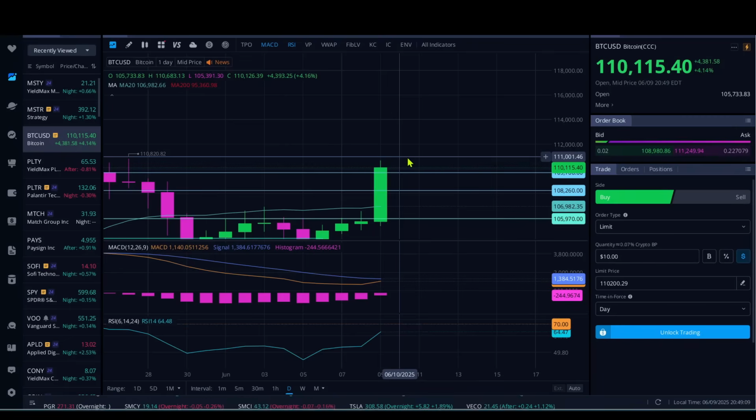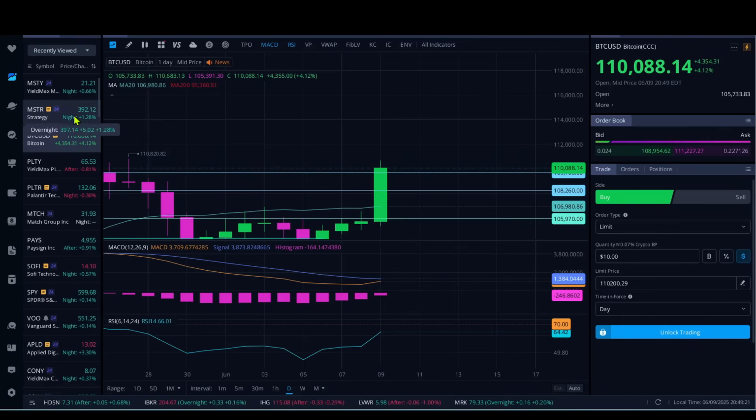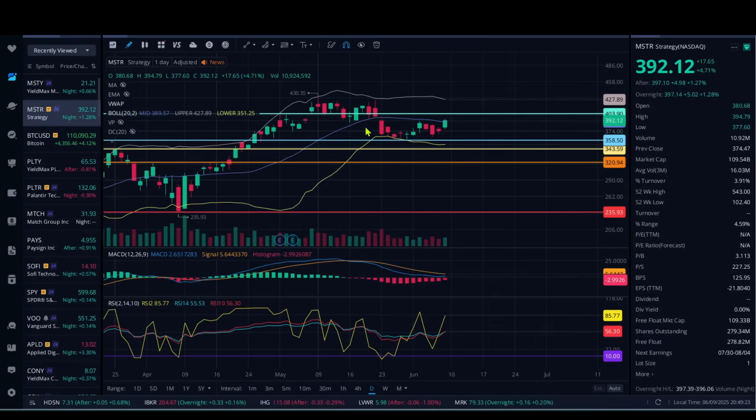But we will continue to move up if Bitcoin moves up. We just won't be able to move up as quickly and we won't be able to capture all of that upward movement. Whereas with MSTR, it's very possible that it can catch more of that upside than MSTY can.